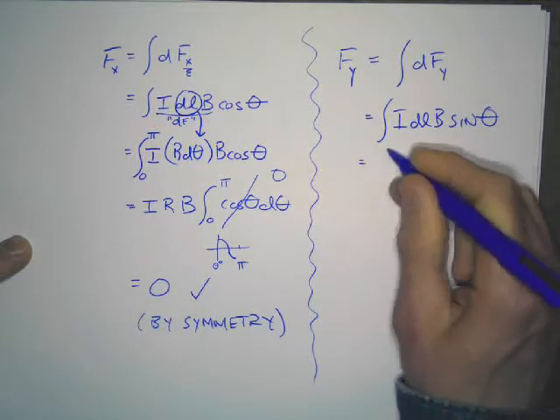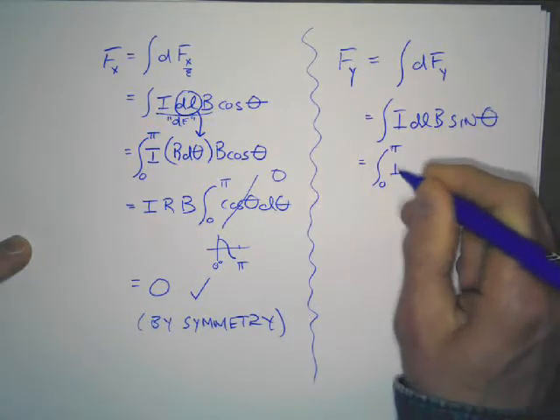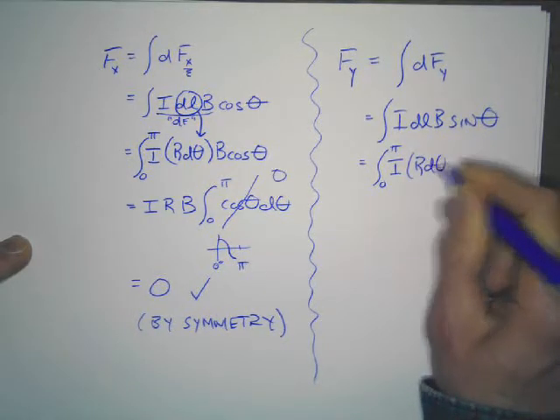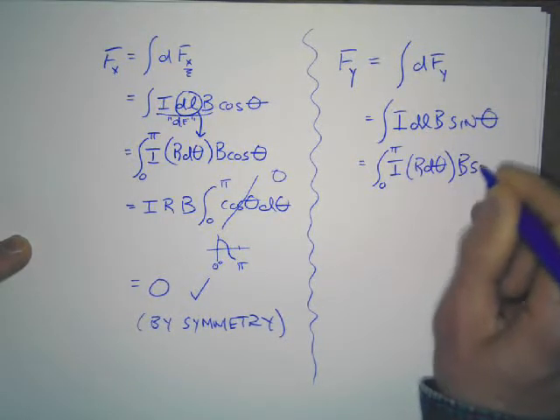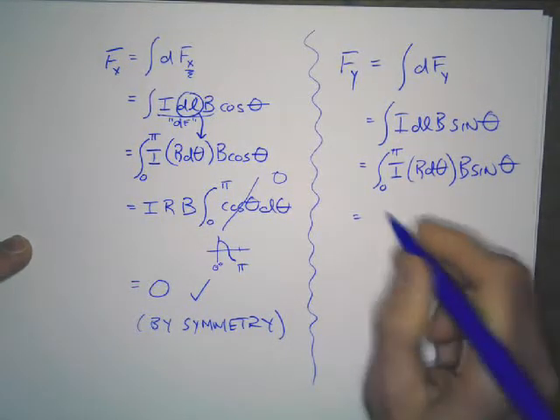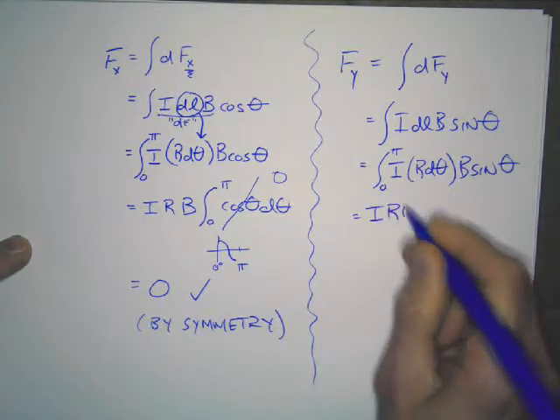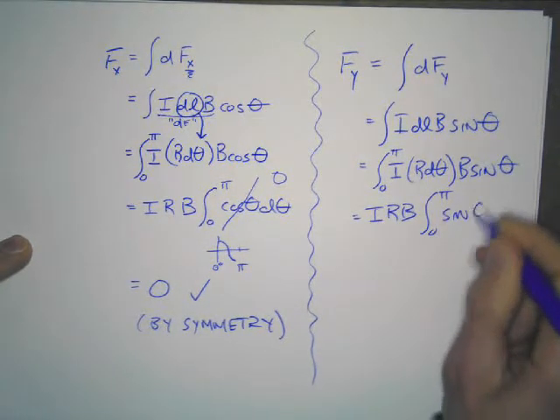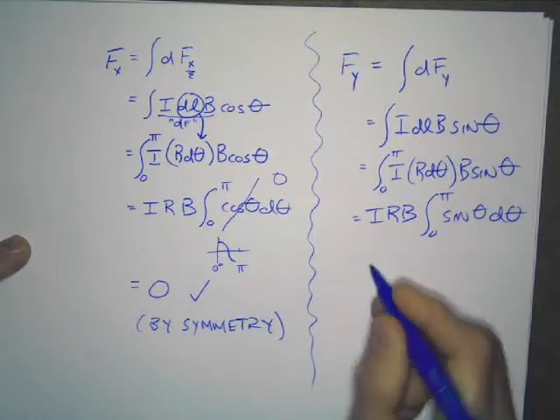We do a substitution from 0 to pi, the integral of I r d theta b sine theta. The constants come out. I r b integral 0 to pi sine theta d theta.